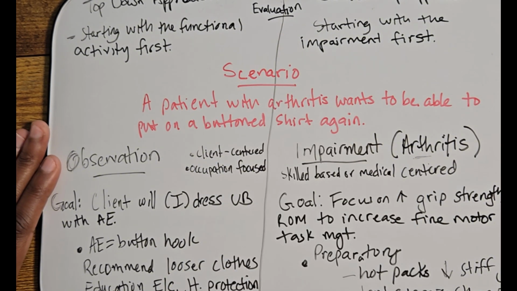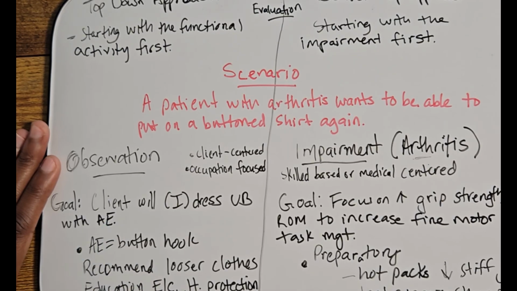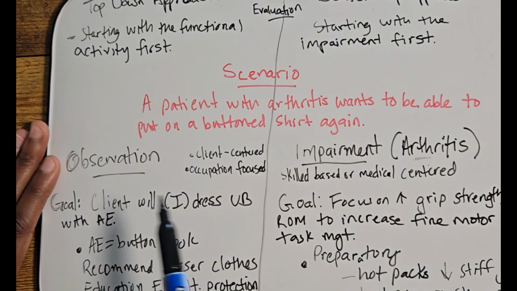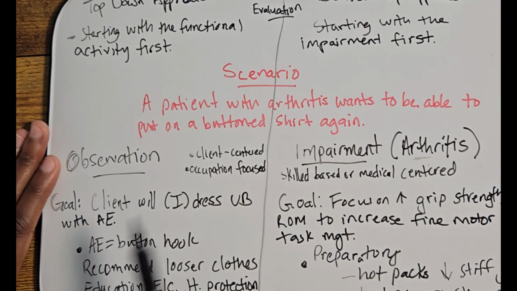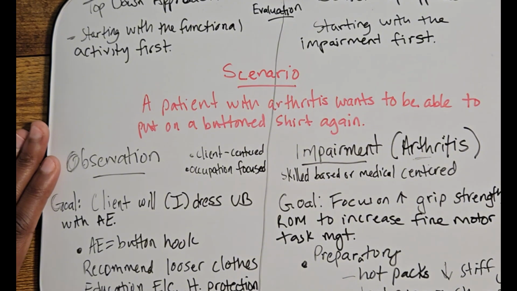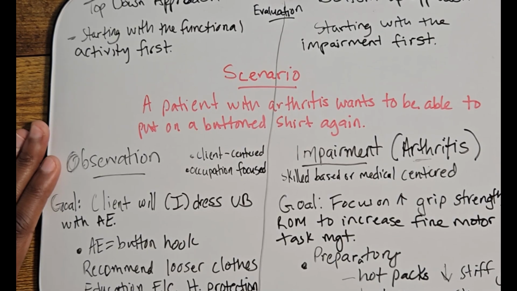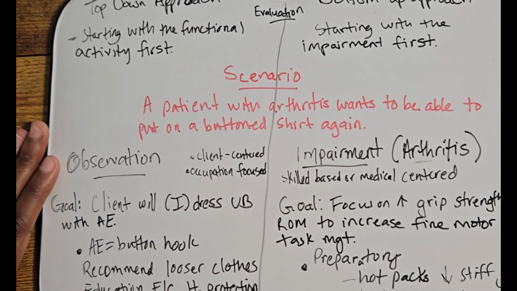Whereas on top-down, we're like, okay, we see the patient and observe them in their natural environment doing the task. If we implement strategies like adaptive equipment, joint protection education, offering other strategies to compensate, or recommending looser fitting clothing, then they'll eventually get to the point of independence in performing that activity.